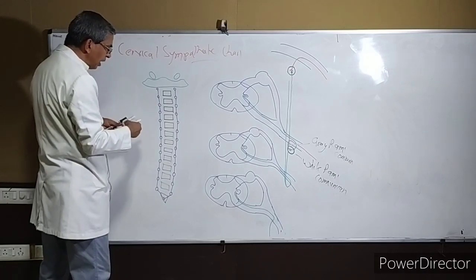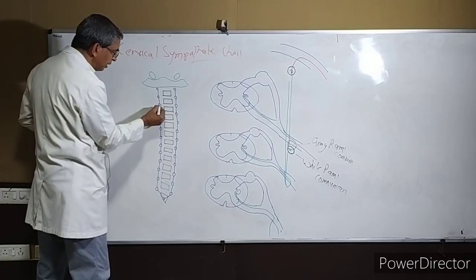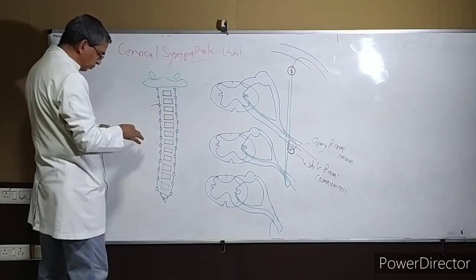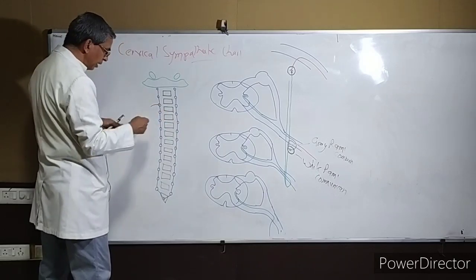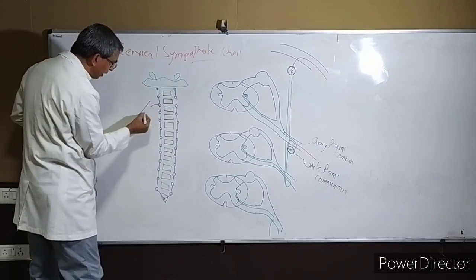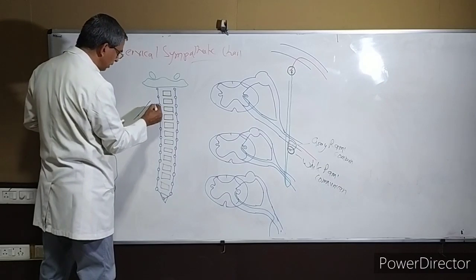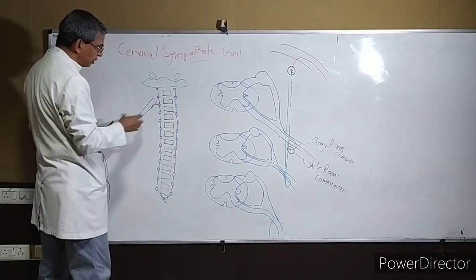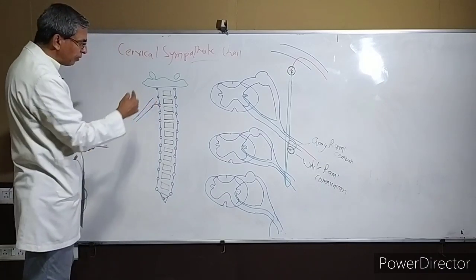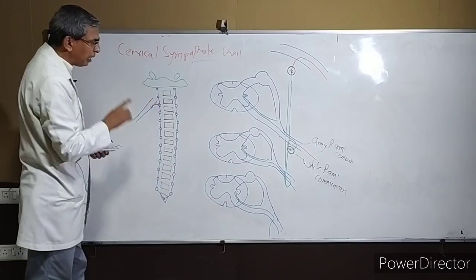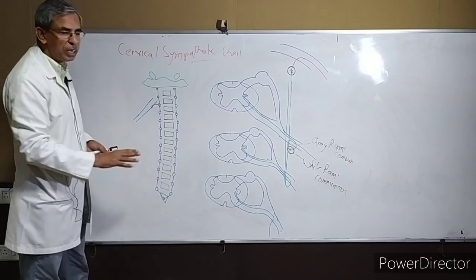Suppose these are the postganglionic fibers, and they enter into the respective cervical spinal nerve. Clear? They are connected like this. So in the cervical region, there is only the gray rami communicans, not the white rami communicans.